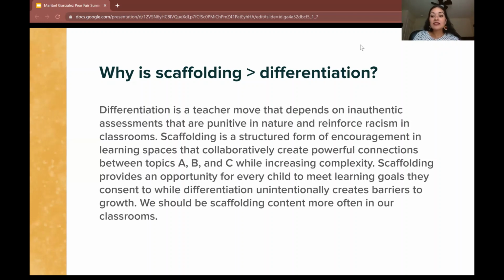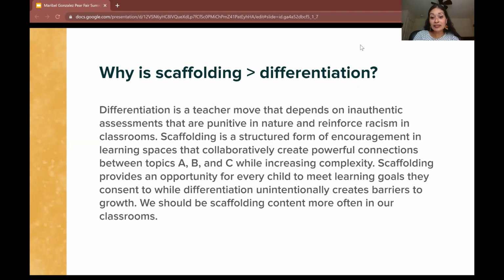And there are assumptions and biases that teachers have around students who are learning English and who speak multiple languages. And so in order to combat this institutional racism that shows up in our classrooms, we really have to critically analyze with an anti-racist and decolonial lens.